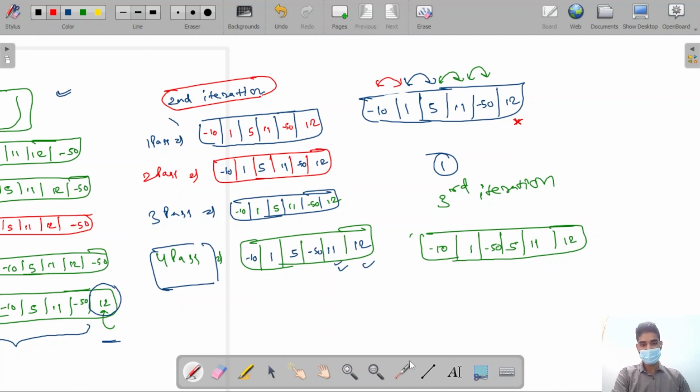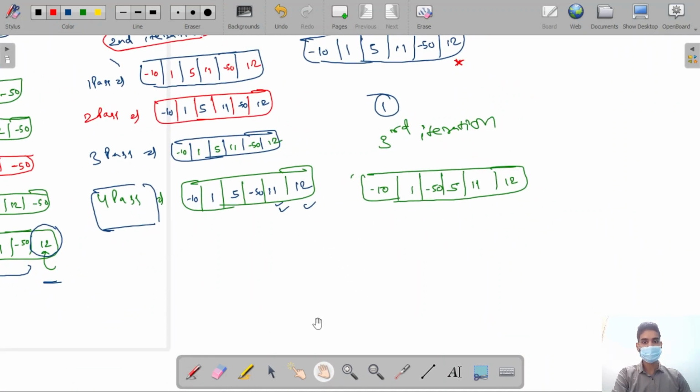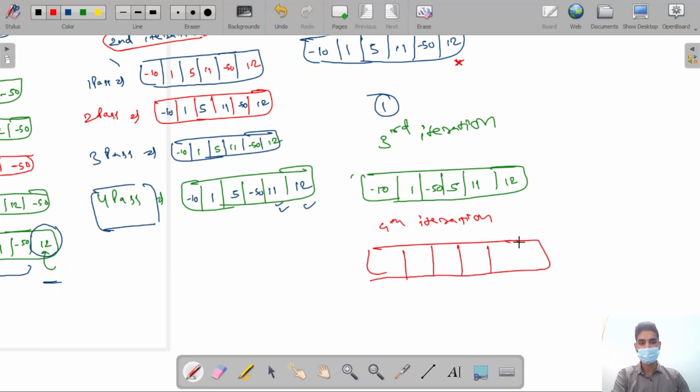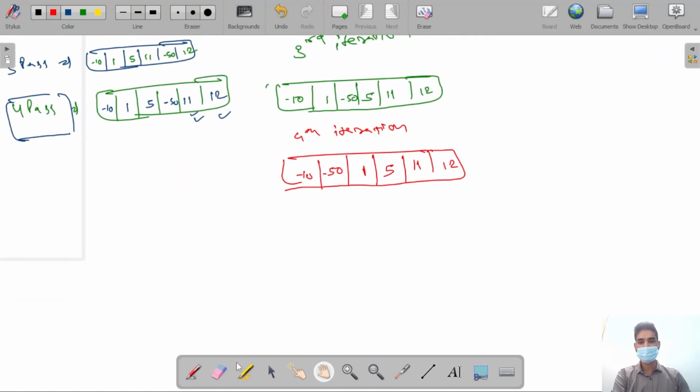This is our third iteration. Now I'm writing the fourth iteration, the resultant array: 2, 3, 4, 5, 6. 11 and 12 and 5 will remain the same. 1 will reach here, minus 10 will stay here, and minus 50. This will be the resultant array of the fourth iteration.